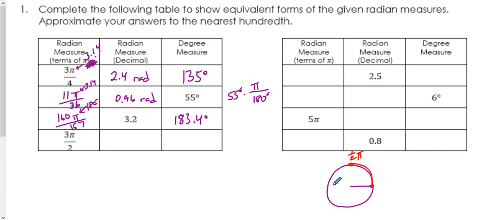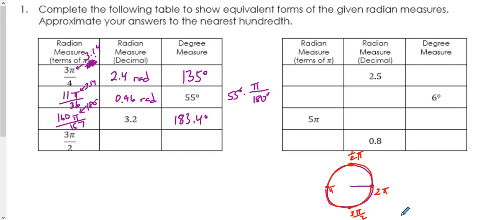When we go all the way over to here, we have now gone pi radians. When we go all the way down here, we've gone 1 1/2 pi radians, or another way to put that is 3 pi over 2 radians. When we get all the way back over here, we've gone 2 pi radians.